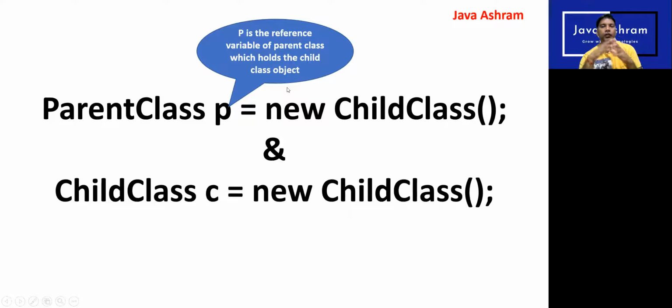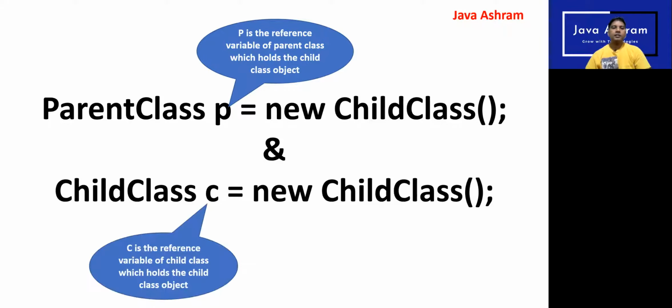Generally, we already know this while learning Java itself, learning object oriented programming. It's not only about Java. Whichever programming language you go with, either Java or .NET or Python or Scala, object oriented concepts will be applicable for all, right? And the same case with c, which is the reference variable of the child class object.